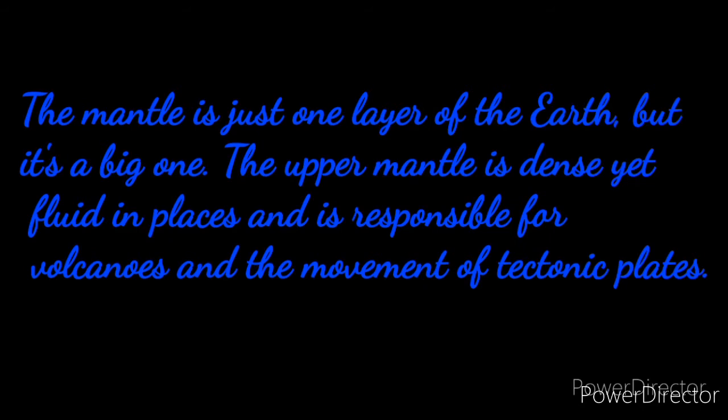Now some basic characteristics of the mantle: it is around 2900 km thick. It is about 85% by volume and 64% by mass of the total earth. It is mainly made up of iron and silicates. So the main component of the mantle is iron and then you have silicates.